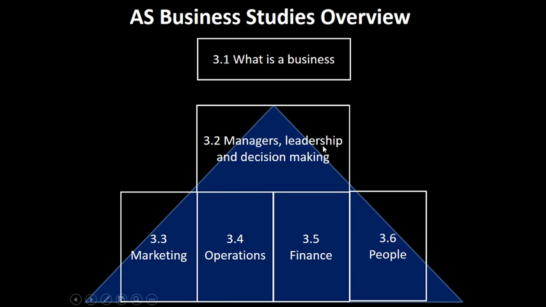So a business will have a mission statement that it is working towards achieving, and the management and leadership team who sit up here at the top of an organisation want to achieve that mission statement, and therefore they will set some specific goals that will enable them to achieve that.